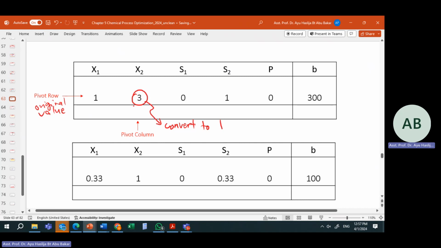How to convert to 1? 3 divided by 3 equals 1. That's how you get 1 for the pivot value.